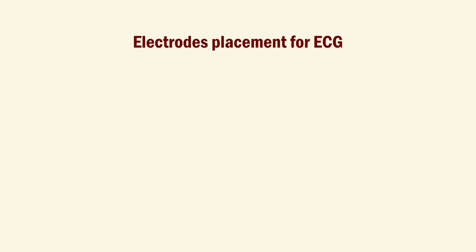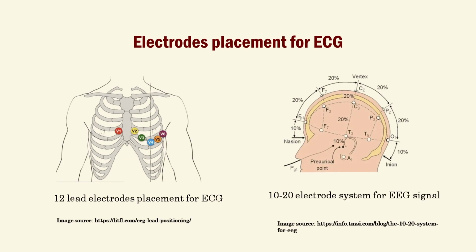Now, the electrode placement for measuring ECG and EEG signals is shown in the figure. For ECG signals, these electrodes measure polarization and depolarization of heart and muscle cells.